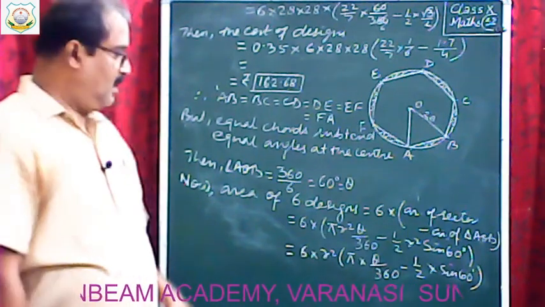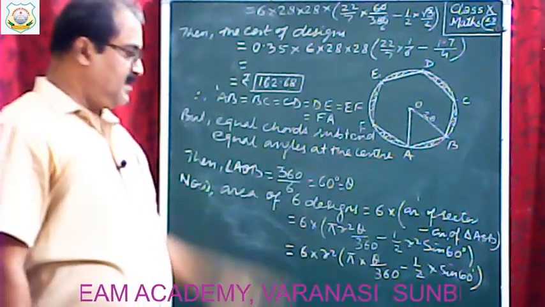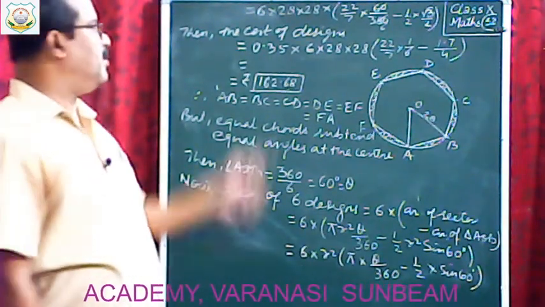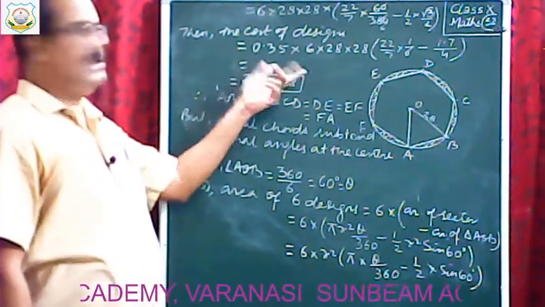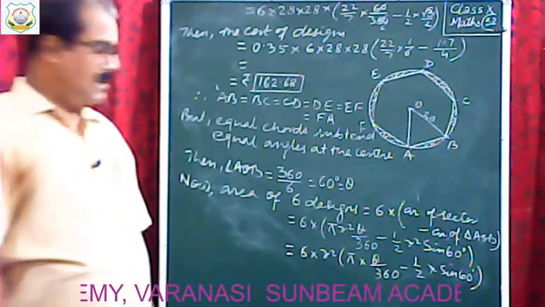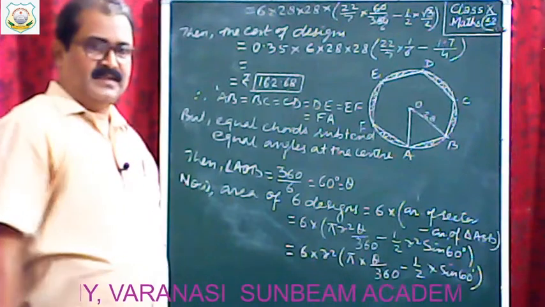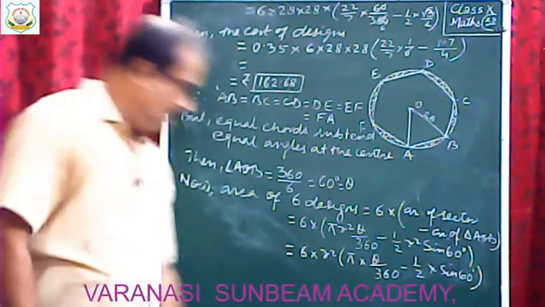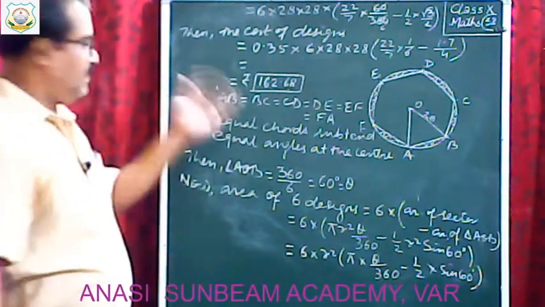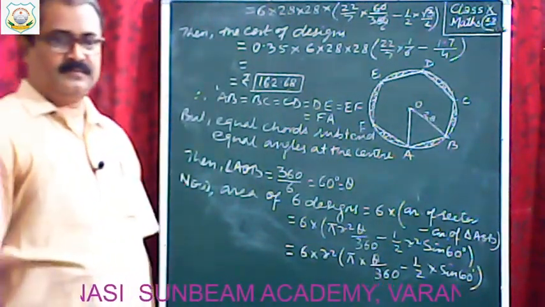You get area of 6 designs, and thereafter you have to multiply by 0.35. Then we get the cost of making designs, and whatever you get, that is your answer. This much only. The calculation is your part. You have to calculate and check my answer is correct or not.